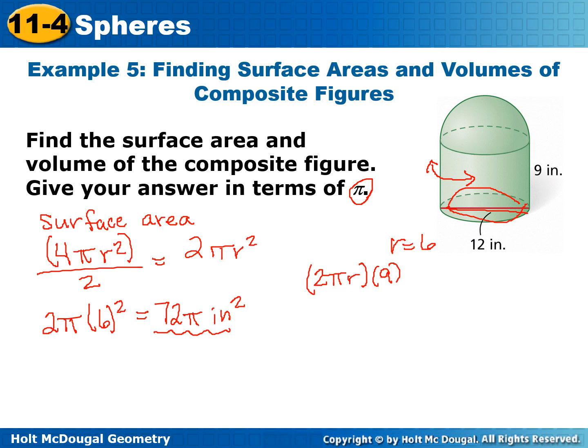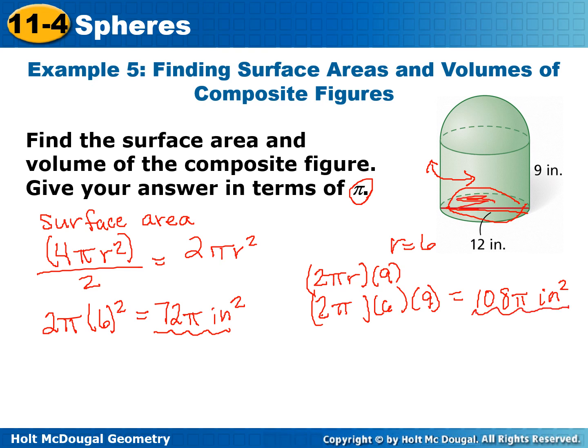R is 6. So we have 2 pi times 6 times 9. 2 times 6 is 12, times 9 is 108 pi, also in inches squared.